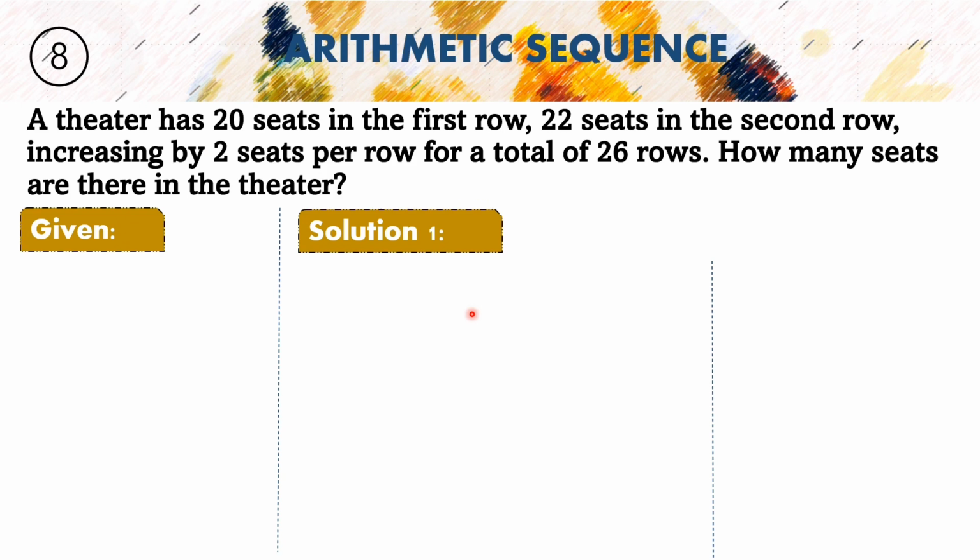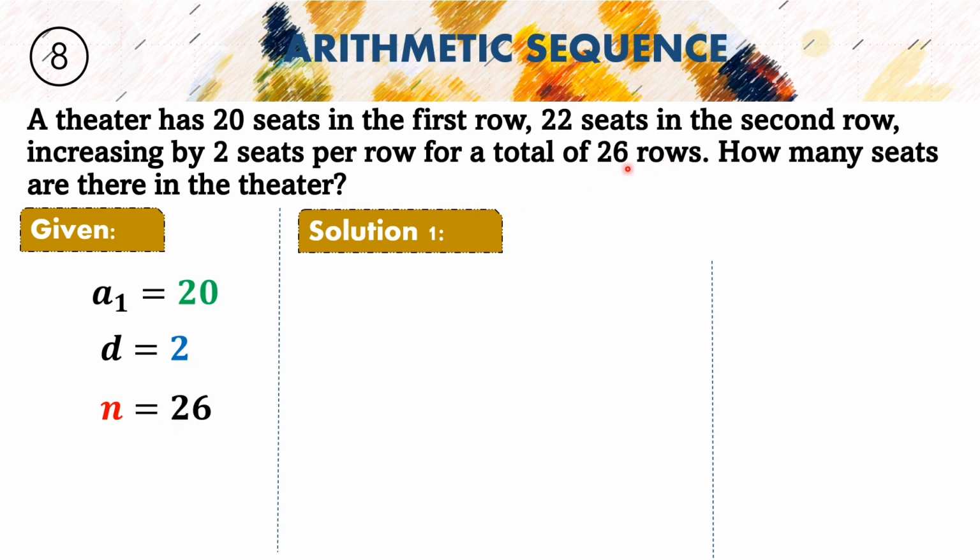Okay, let's identify the given. First term is 20 because in the first row there are 20 seats. d is 2 because succeeding rows are increased by 2 seats. Then n is 26 because there are 26 rows inside the theater.